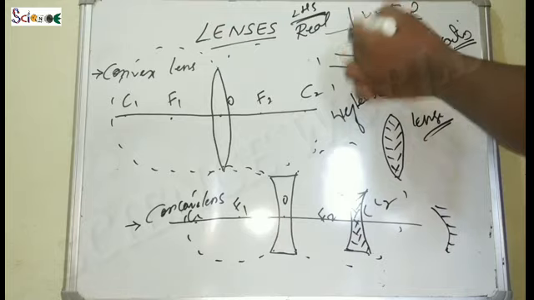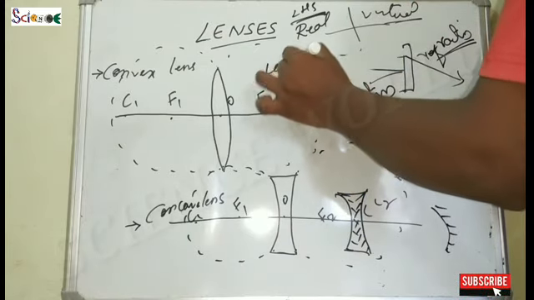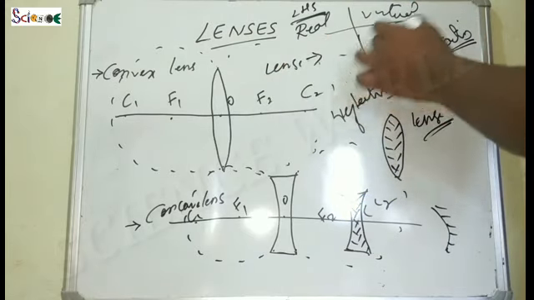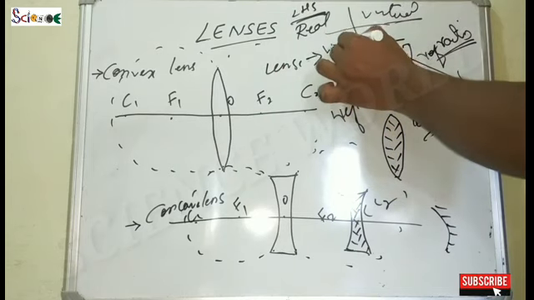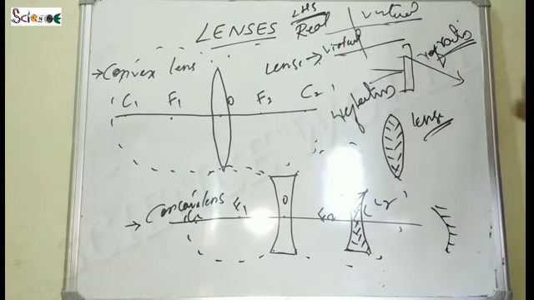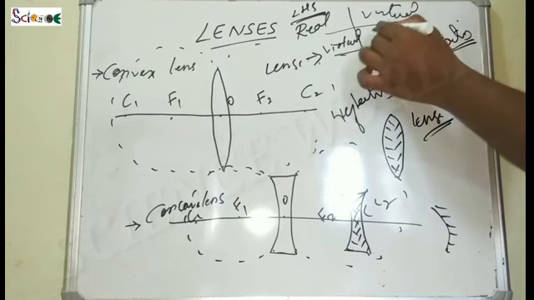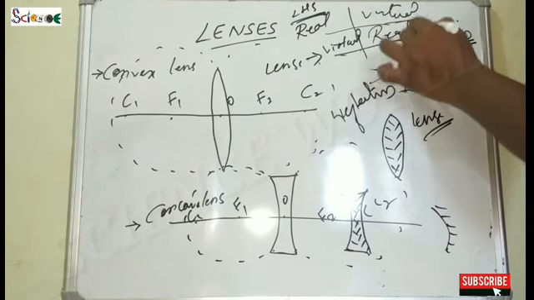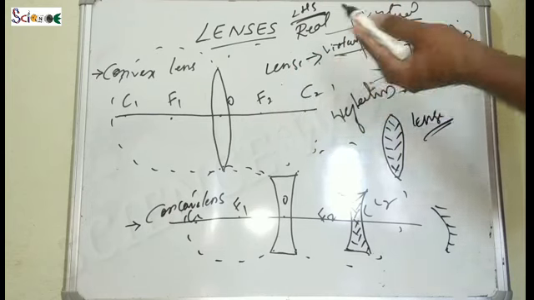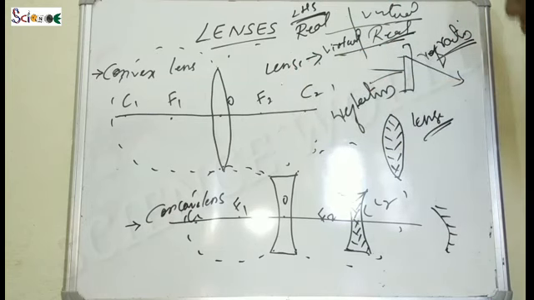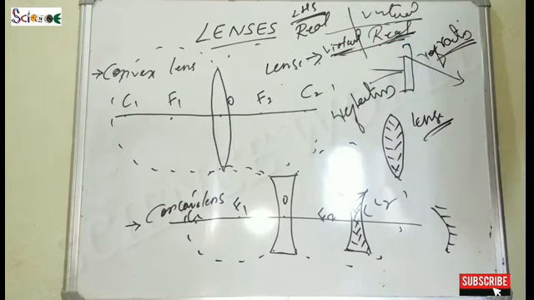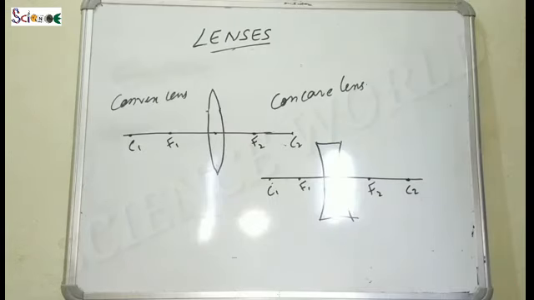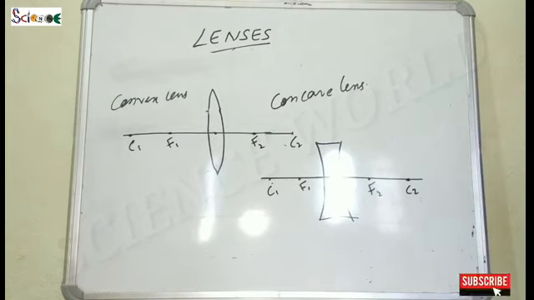But in lenses, the image forming on the left hand side will be virtual, and the image forming on the right side will be real. Remember that in lenses, the image forming on the right hand side is real and on the left hand side is virtual.